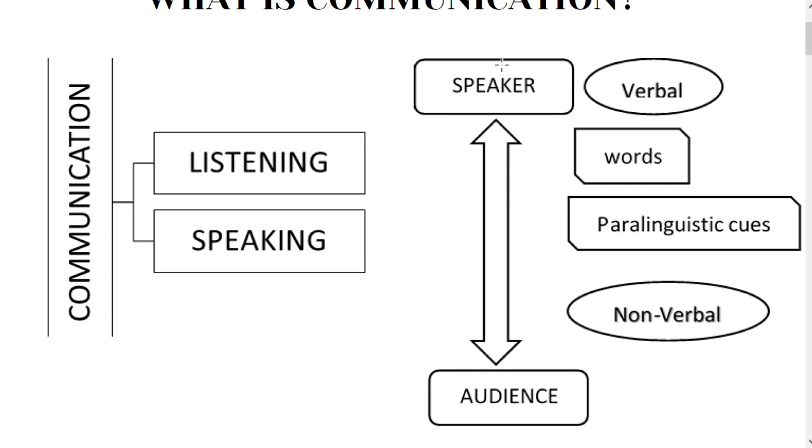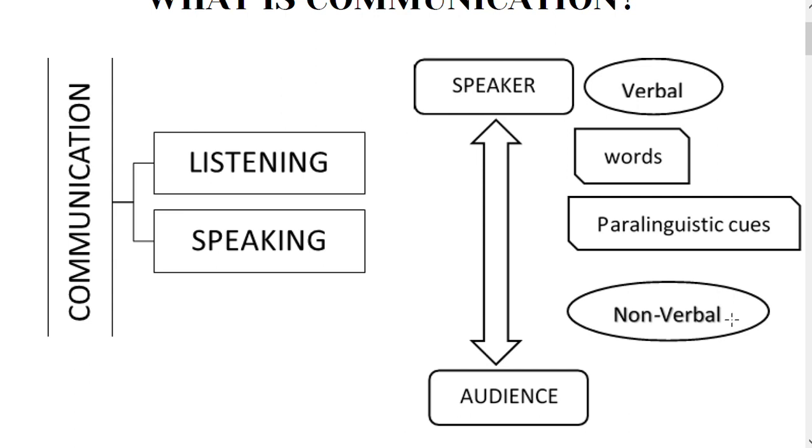From the speaker's point of view, you also have verbal and non-verbal. The speaker will look at the audience's non-verbal cues, which are body language and facial expression: do they understand the message, the way you say it and whatnot. All those give information to the speaker about the speech that he or she is presenting.